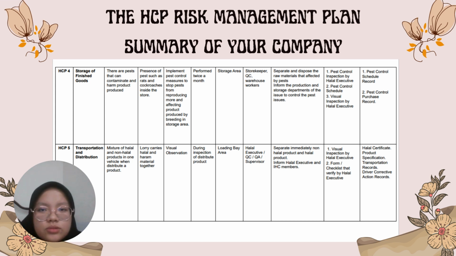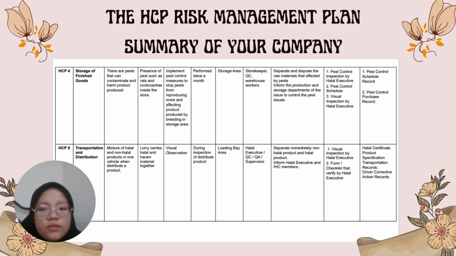They have to do pest control at least twice a month, and keep the pest control schedule records and pest control purchase records, which show how they implement pest control in their company.